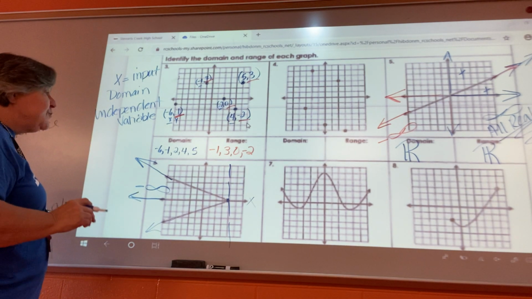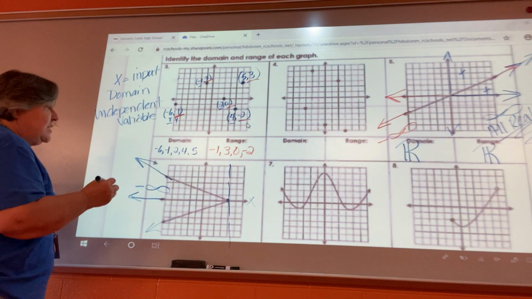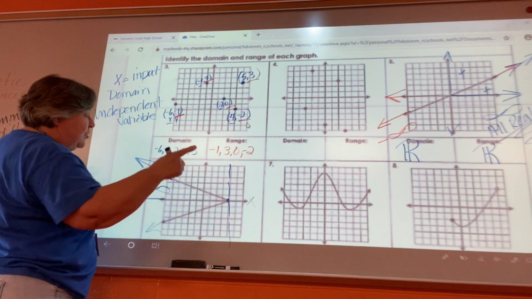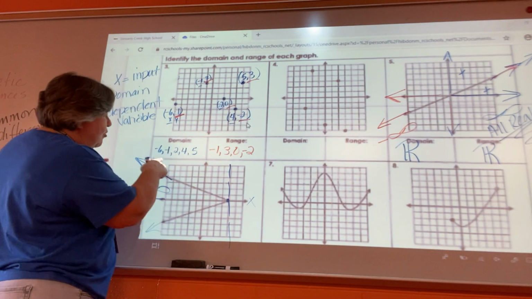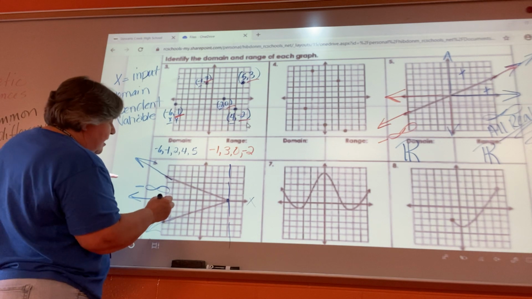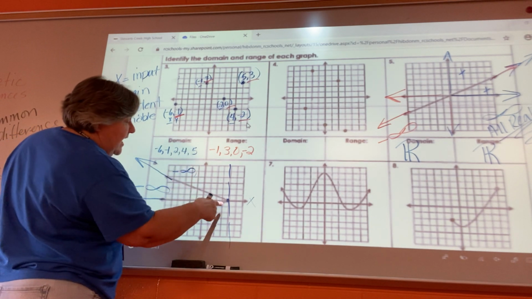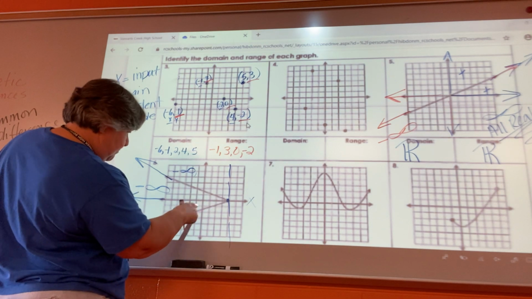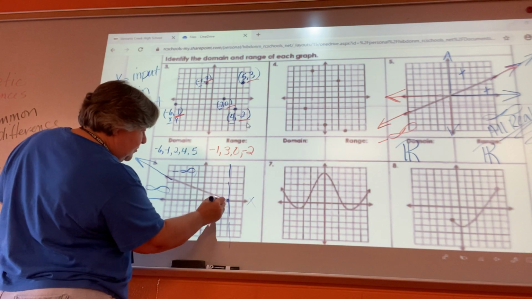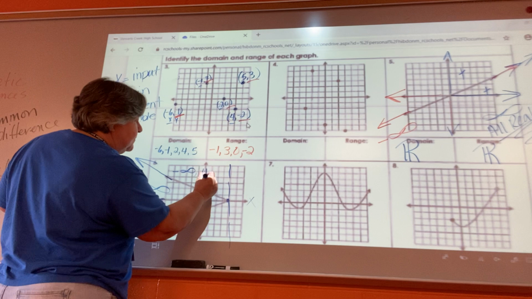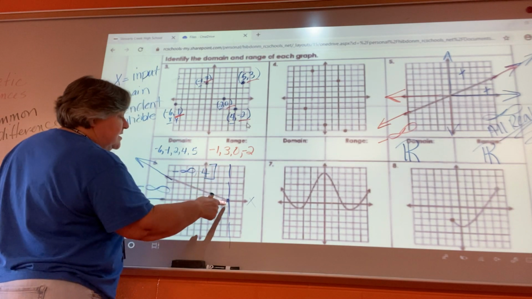So for my domain on this one, you're going to write it down below here in the little box like that. It's negative infinity and here's 0, 1, 2, 3, 4. So it ends at 4.